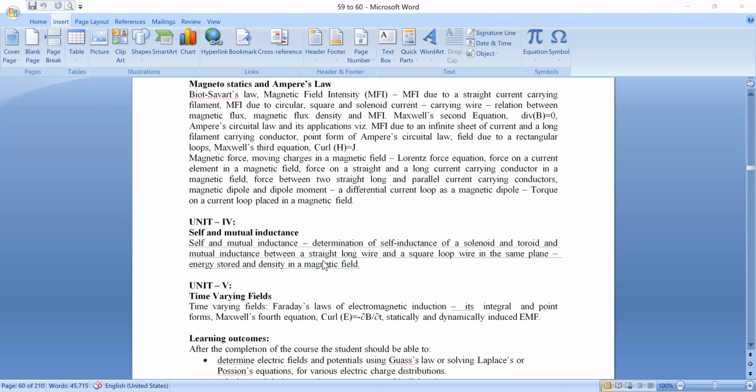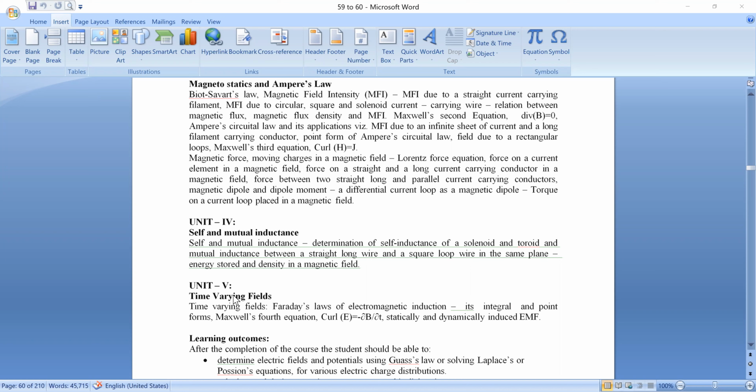This is a very small chapter, but the content is very difficult. So you have to know about self-inductance and mutual inductance. Then only you will understand the entire chapter. The application of this chapter is in a transformer. So based on your branch, this chapter is very important.